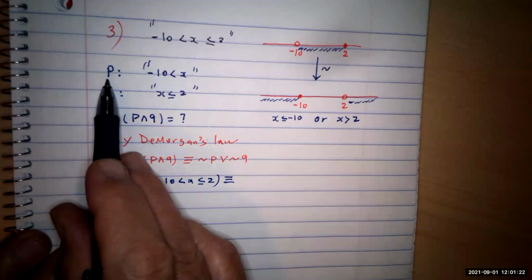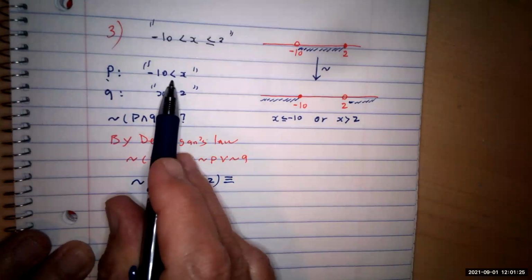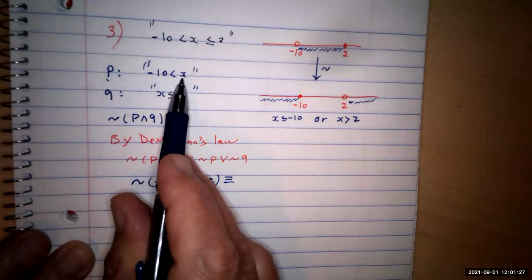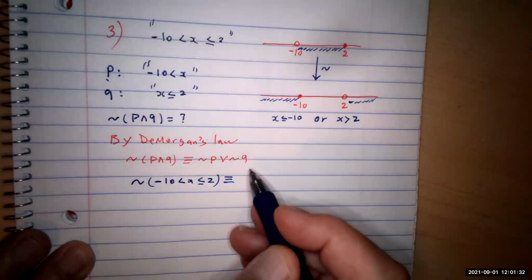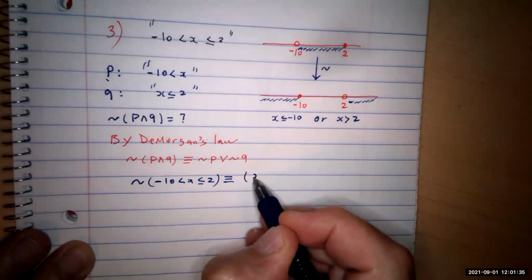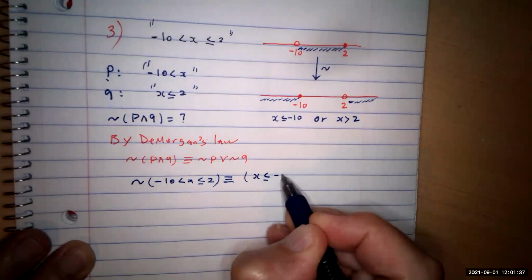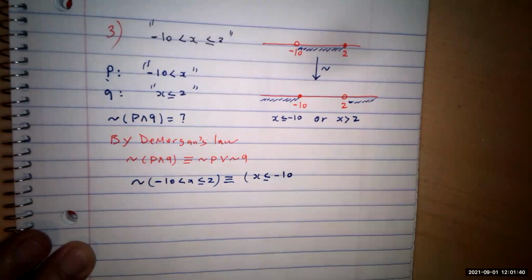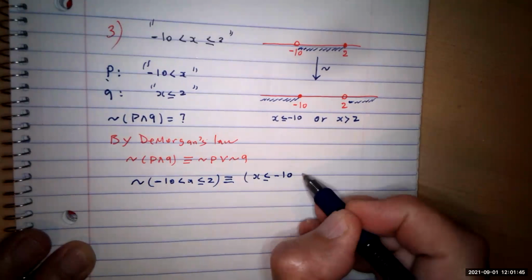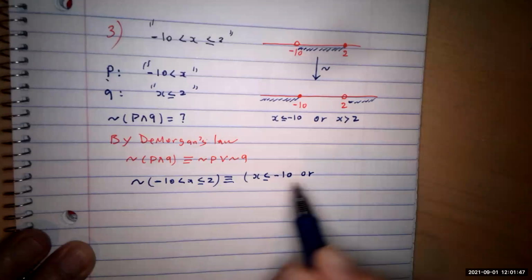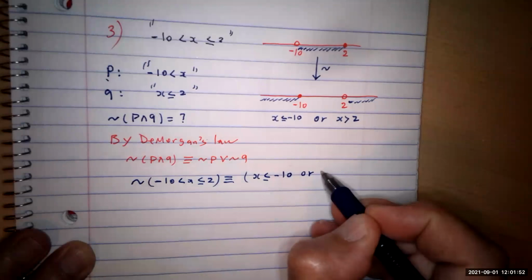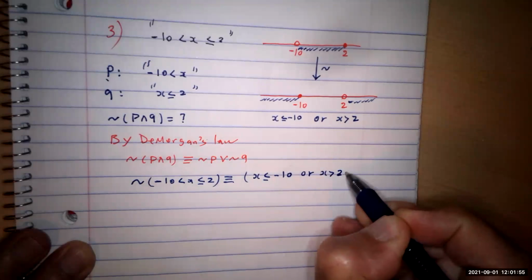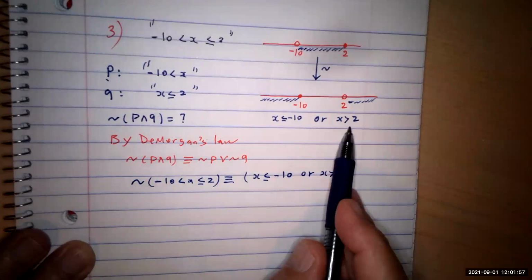This is P, so the negation is you switch the sign of the inequality: x greater than becomes x less than or equal to. So the first part is x less than or equal to -10, or, in symbolic form, or the negation of the second one: x less than or equal to 2 becomes x greater than 2, which is exactly what we got over here.